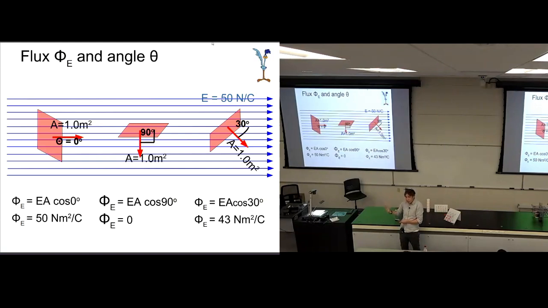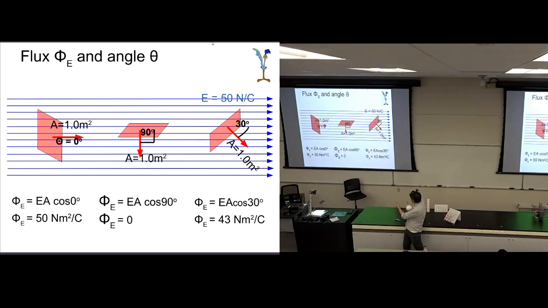And when we describe the relative orientation of field and surface, we use an angle theta, and that angle theta is the angle between two directions. One of the directions is the obvious one, the electrical field direction. The second one is sometimes a bit of a trap, but the second one is the direction of that vector A that we use to describe the surface. So look, this is A here, this red arrow here, is pointing perpendicular to the surface. So like the field, it's pointing in the same direction towards the right.